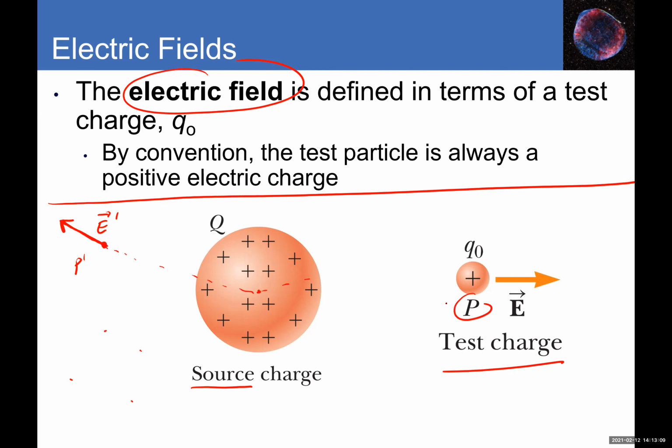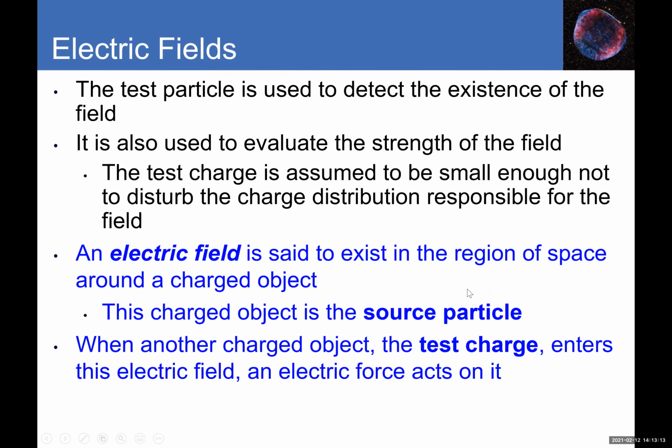Okay, so you can see, right, the test particle is used to detect the existence of the field. It is also used to evaluate the strength of the field, as I mentioned. So the equation is the force that we can technically measure that the test charge experiences, divided by the test charge. We can find the electric field.